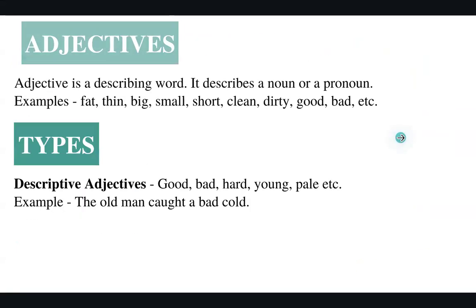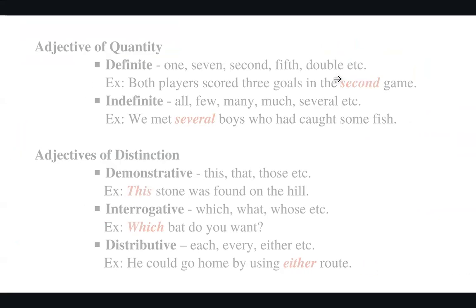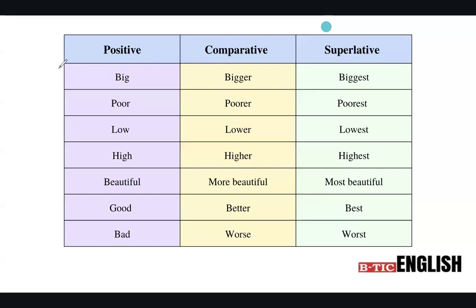Now we're going to learn about positive, comparative, and superlative. Positive means, Abdullah, you're only talking about one person or one thing, right? For example, I have a big bag. You're talking about one person.